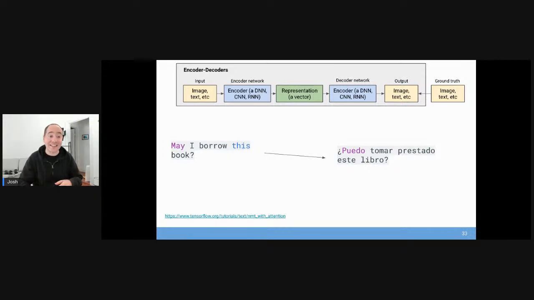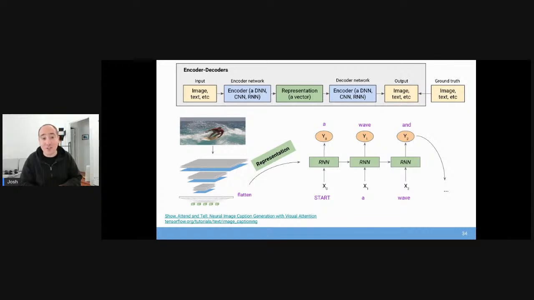It's all learned end-to-end. A very similar technology with encoder decoders is you can go from an image to a sentence. And this is an example of image captioning. Again, you can find a complete end-to-end tutorial at the link below. And here we're taking an image as input, and the encoder is learning a vector representation for the image.